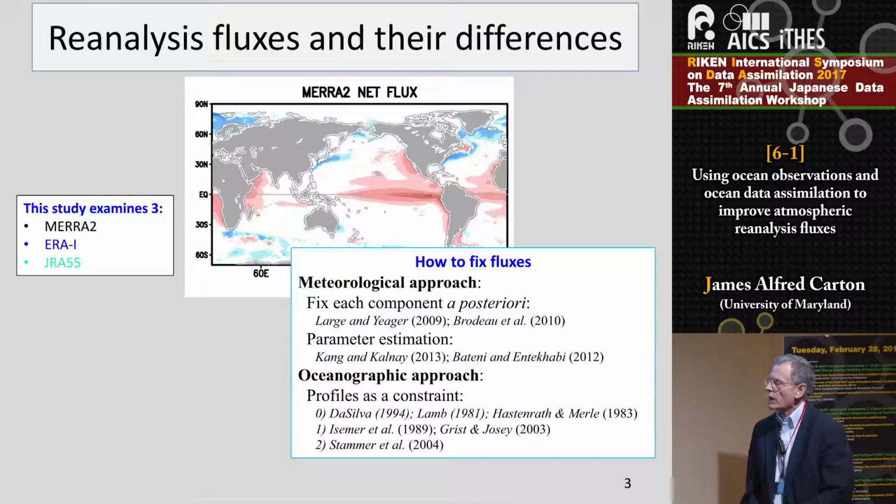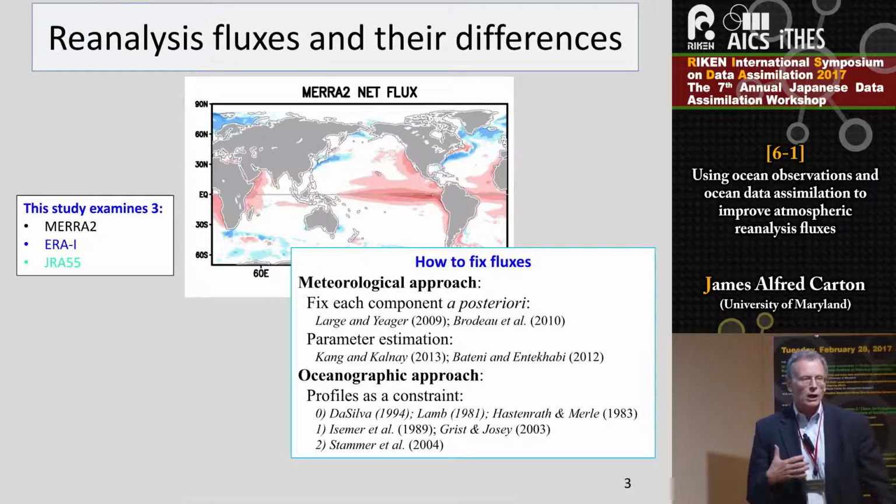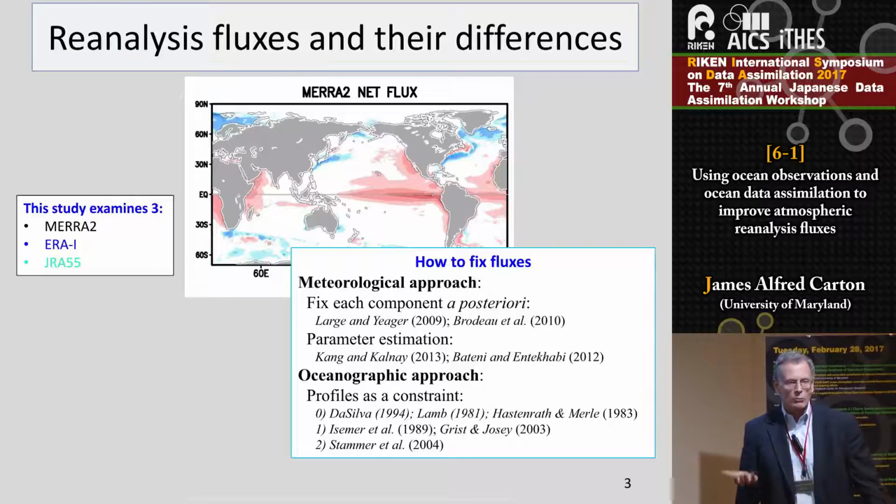In that way, observations in the ocean could be used to improve the calculation of surface fluxes. Everything I'm going to tell you in this talk is really to try to do the same thing that was done with this 4D-Var technique, except with sequential data assimilation, and then present to you some physical interpretation.